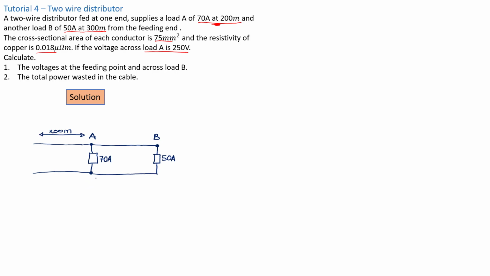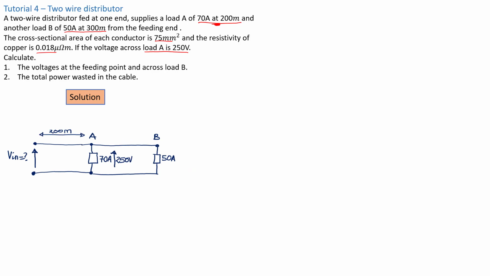Right. Now, we've got a voltage that has been given, which is what? 250 volt on load A. So the voltage here is 250 volt. Now, we do not know what the voltage on the feeding end is, right? So this is supposed to be the voltage on the feeding end, and this voltage is V in. V in is unknown, okay?